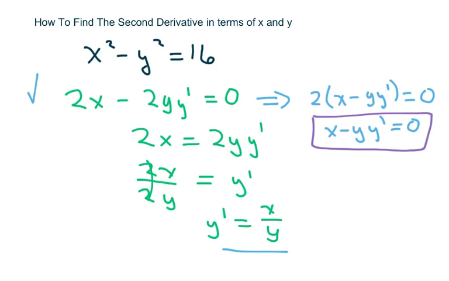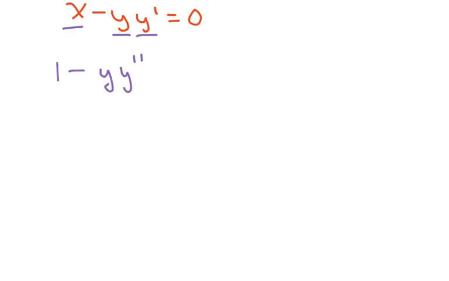Okay, so I'm going to write that down again: x minus y times y prime equals 0. And I'm going to take the second derivative. The first one is just going to be 1 minus y times the second derivative of y, and then we're going to have minus again because of the minus there, or you could put the plus.